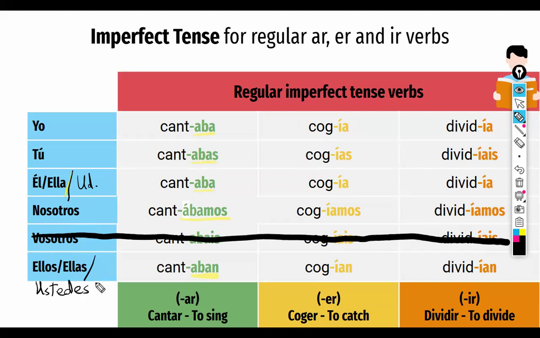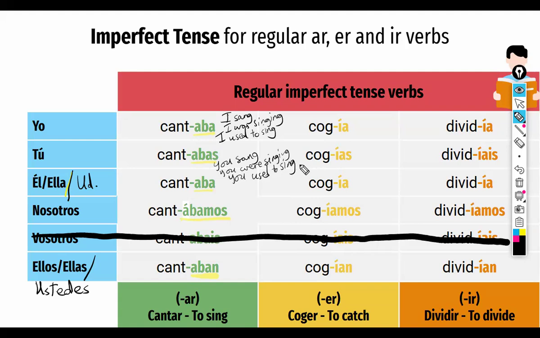Now, what does this mean? This means I sang, I was singing, I used to sing. It can mean all these things, right? You sang, you were singing, you used to sing, right?